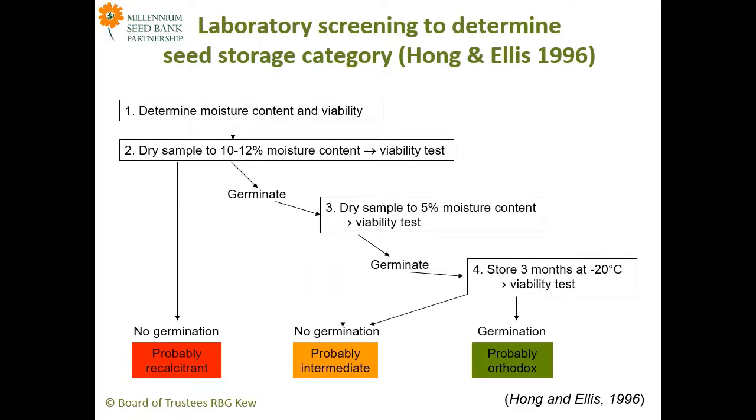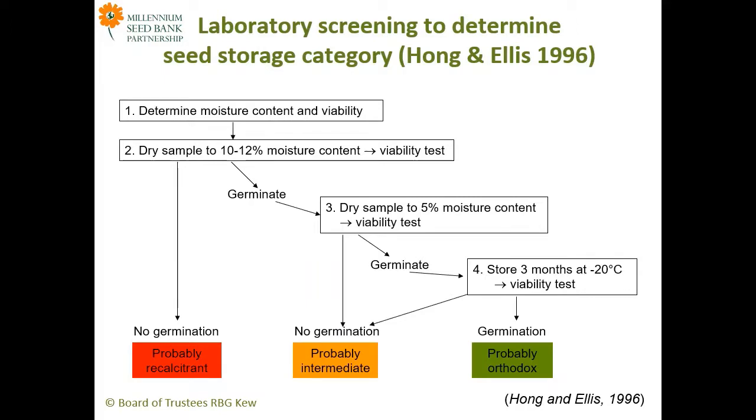Another subsample of seeds are then further dried to 5% moisture content, and this is then tested for viability again. If they don't germinate, they're probably intermediates. The final subsample of seeds are dried to 5% and stored at -20 degrees C. If they don't germinate after this, they're most likely intermediates, but if they do germinate, then they're orthodox.